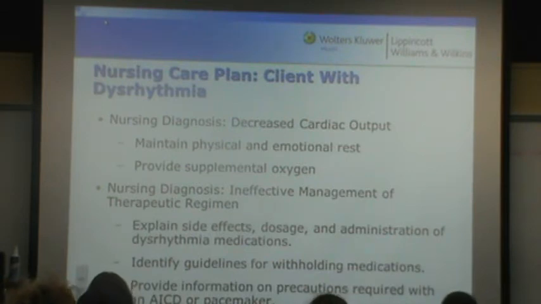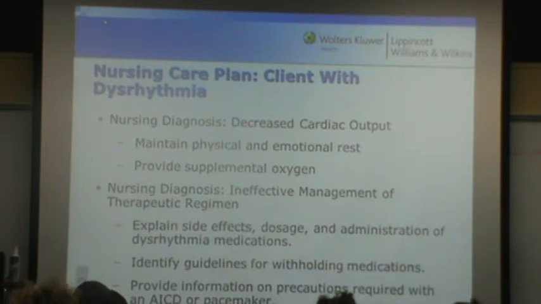So when we're dealing with clients that have dysrhythmias, we want to look at certain things as far as nursing diagnosis. Decreased cardiac output. Want to make sure they maintain physical and emotional rest, because the more they move around, the less they're actually perfusing. We don't want them to get upset because that's going to increase heart rate, increase stress.